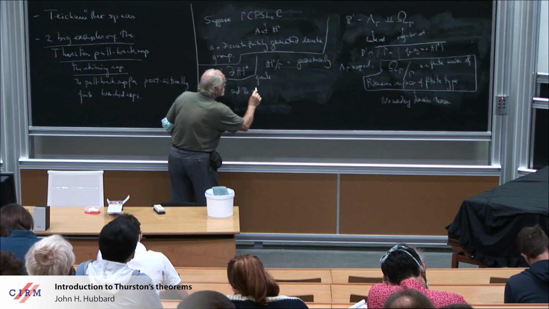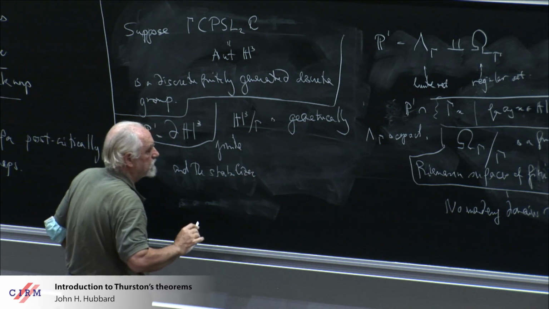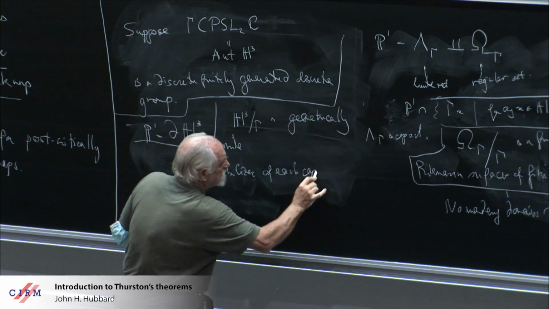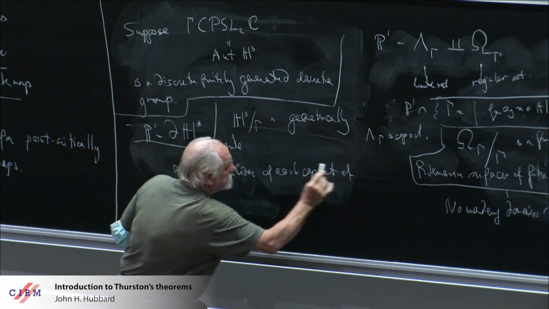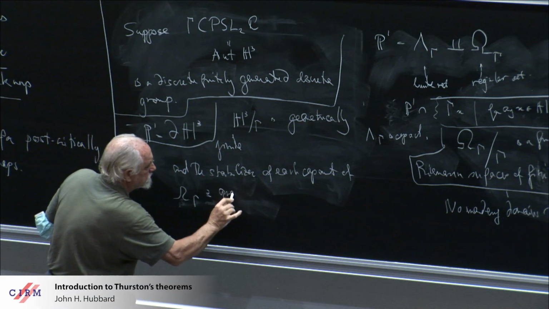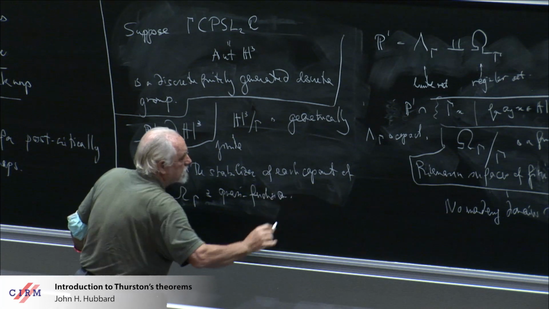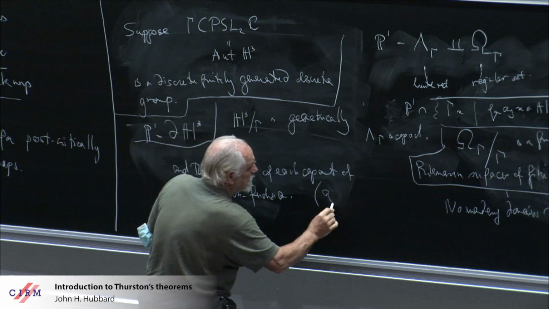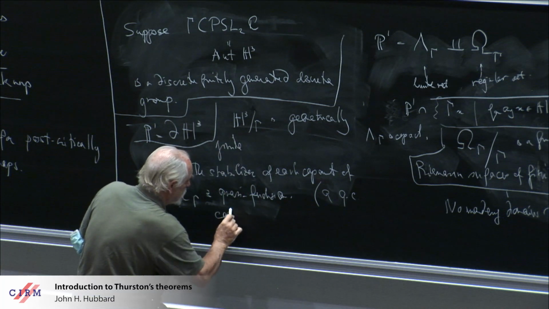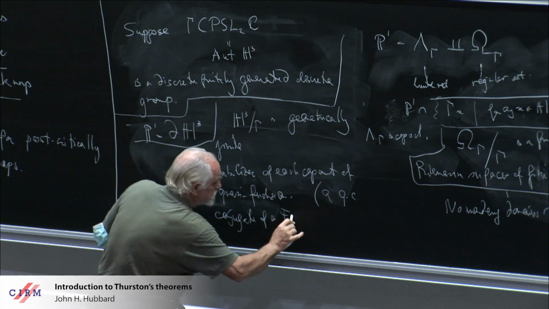And the stabilizer of each component of omega gamma is quasi-Fuchsian. A quasi-conformal conjugate of a Fuchsian group.